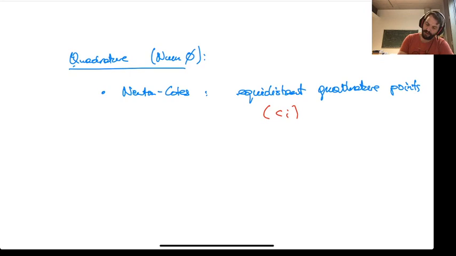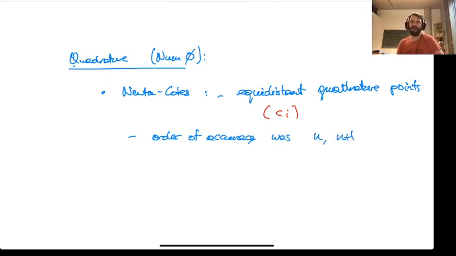And we also found for Newton-Cotes quadrature rules that they had basically the order of accuracy, der Genauigkeitsgrad, essentially n or n plus 1, depending on whether n was odd or even.